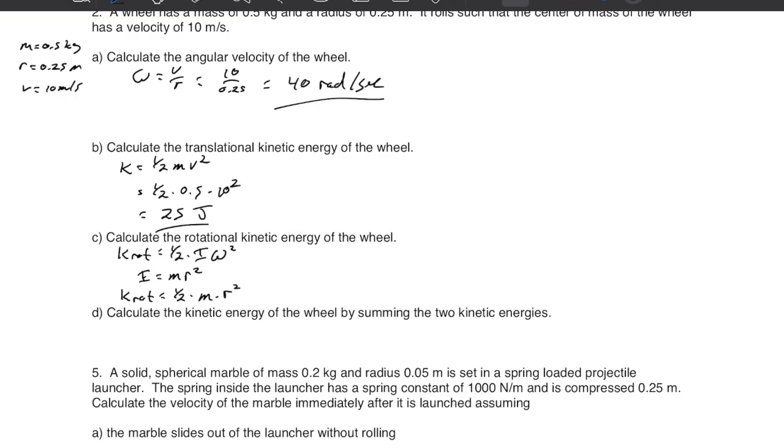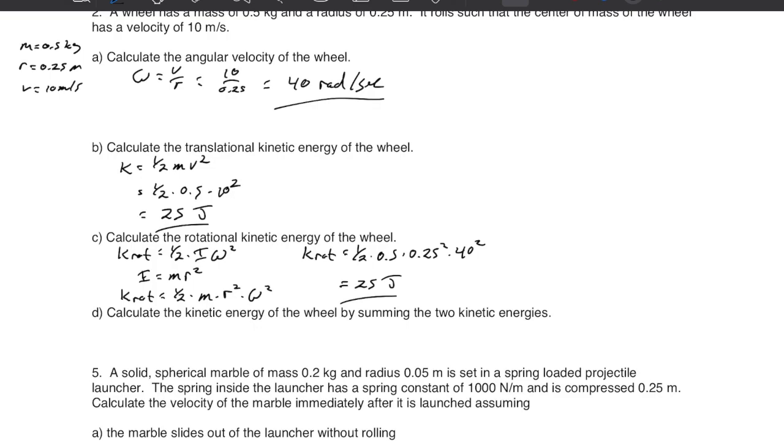So our K rot would be 1/2 times 0.5 times 0.25 squared times 40 squared. Because we know what the mass is, we know what the radius is, we know what omega is. Put that into a calculator and we get 25. And again, 25 joules because we're measuring energy.